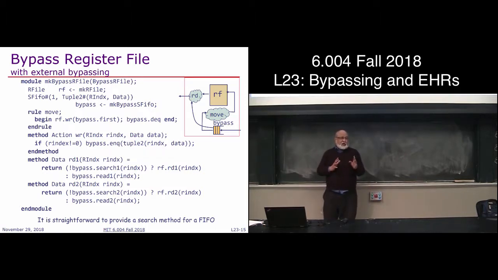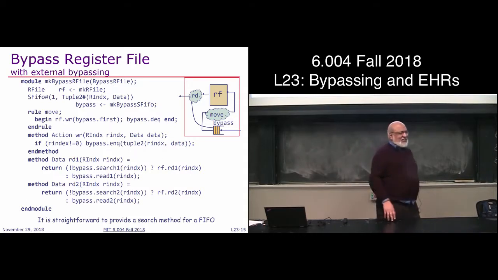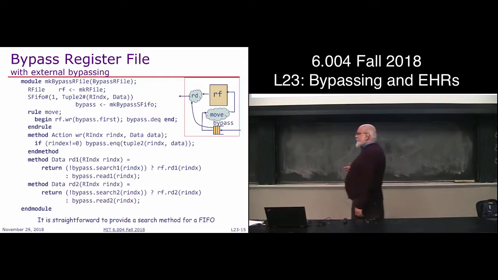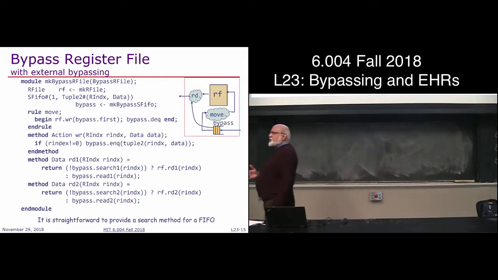Well, we can't afford to lose a write, right? That's what will happen if you don't. Exactly. So remember, in Bluespec, every method has a ready signal. Until now, the register file behaved as if the ready signal was always true. Now what will be that ready signal for the write?